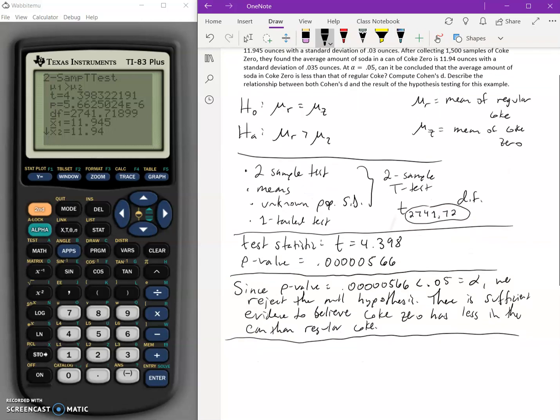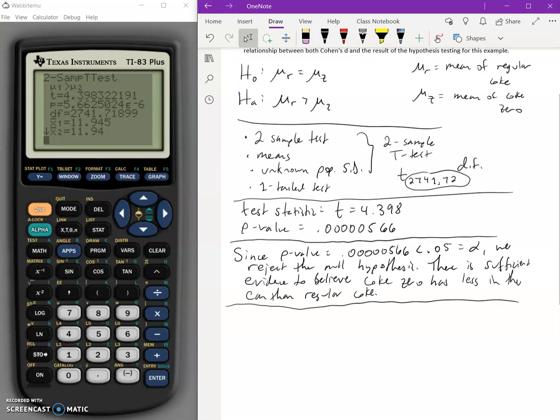Now if we carry on to looking at Cohen's d, we had the formula that we used in the previous video. I won't rewrite that. I will just plug in the numbers at this point.